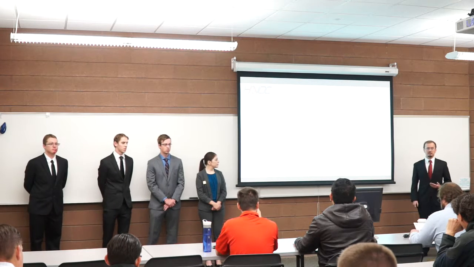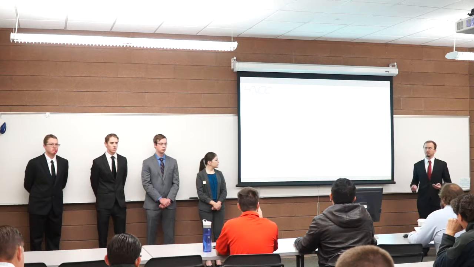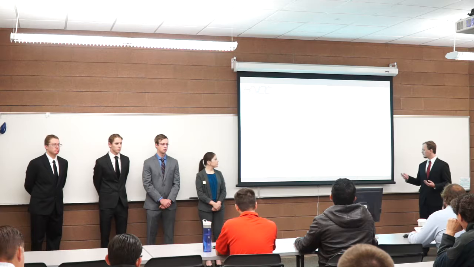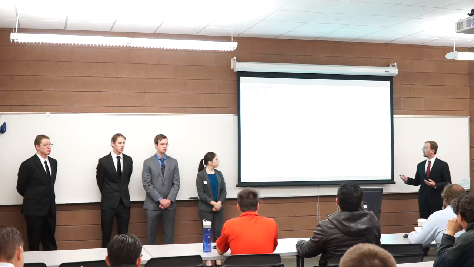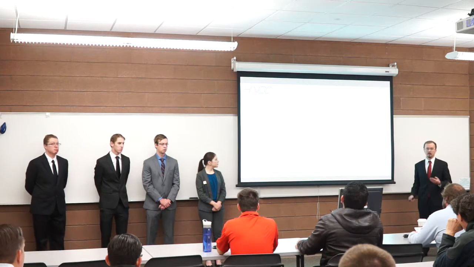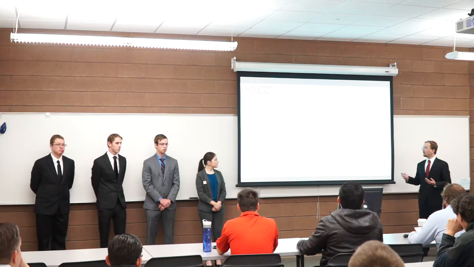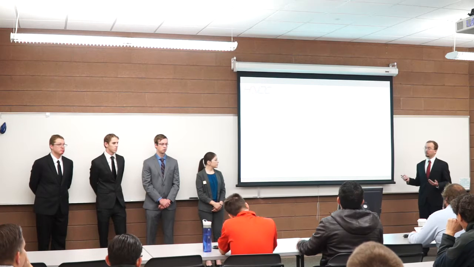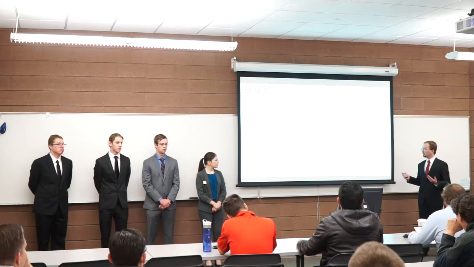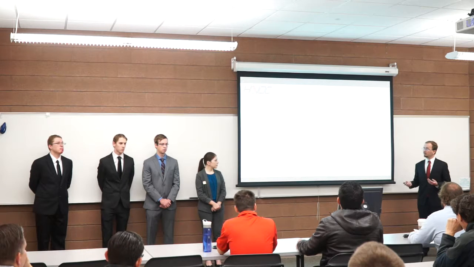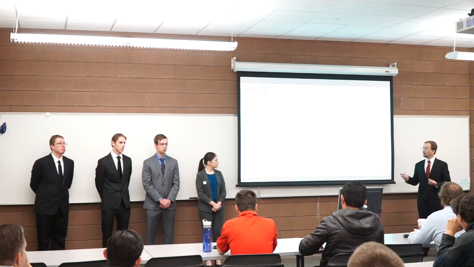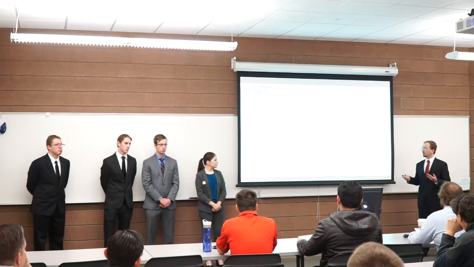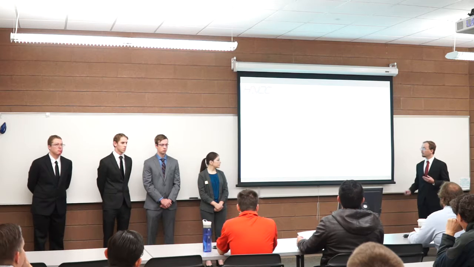What we have right here is a typical problem that you would see for forward kinematics within robotics, where we have two frames, frame A and frame B, and we have a point in 3D space, point I. Now, what we want to do is find the positional vector of point I with respect to frame B. However, we only have the vector going from frame B to frame A, and the vector from frame A to point I. Now, you can't just add these two vectors together to get this vector right here.